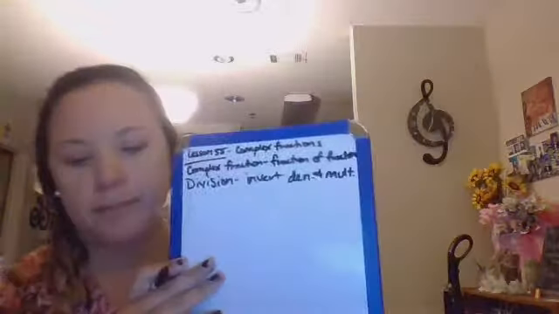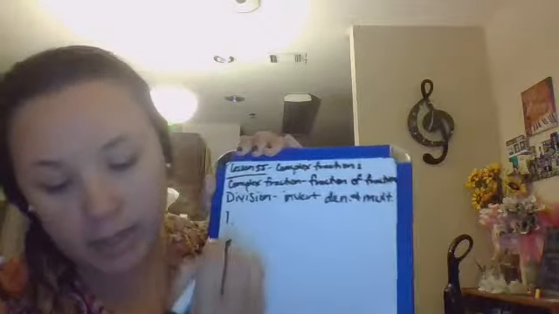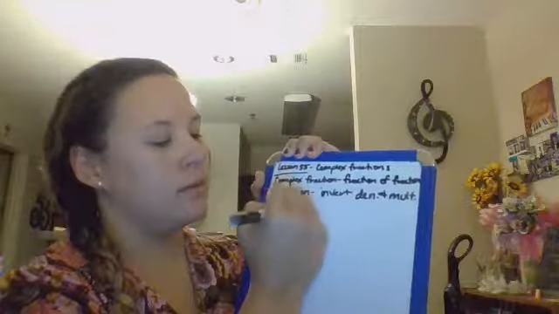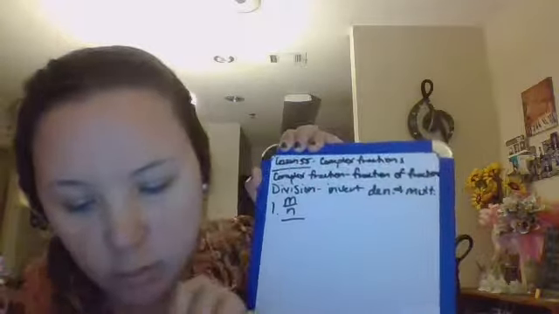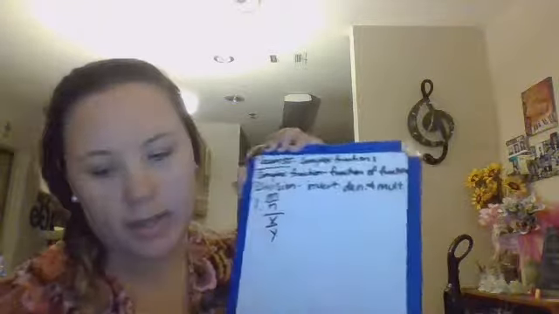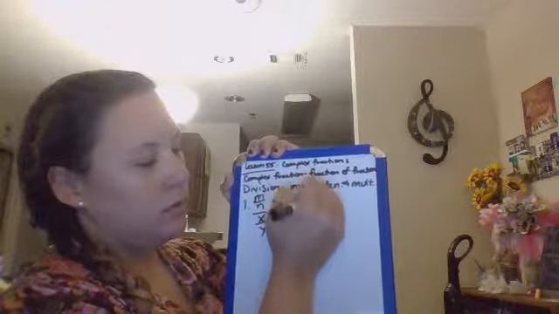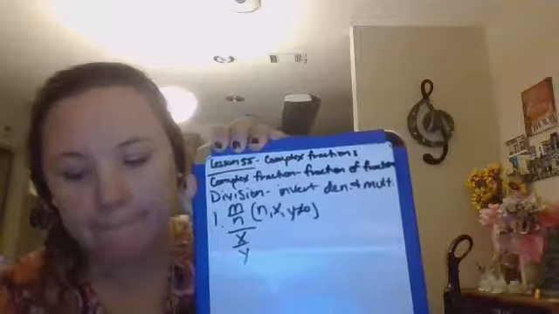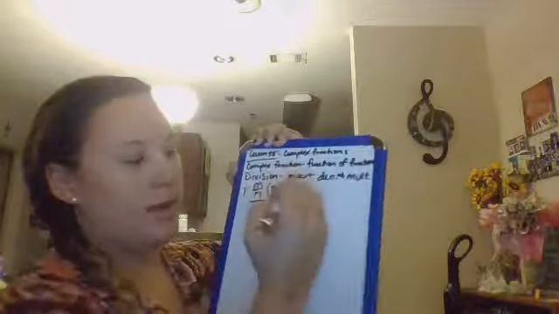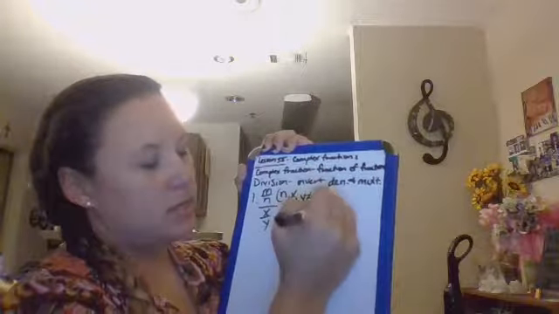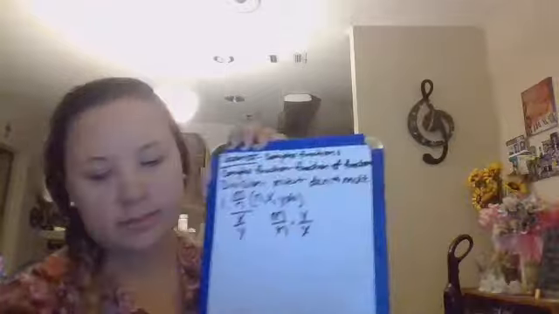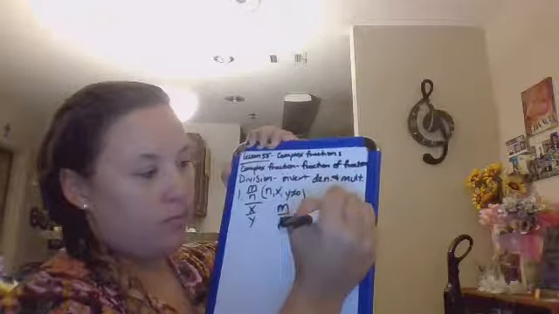Our first one is going to be M over N over X over Y, and N, X, Y are not equal to 0. So all we have to do is flip the second. We're going to have M over N times Y over X, equal to MY over NX. That's our final answer.